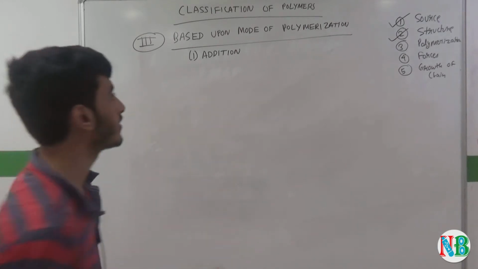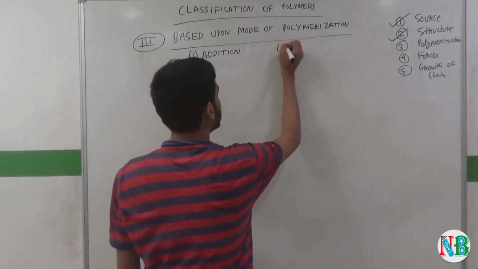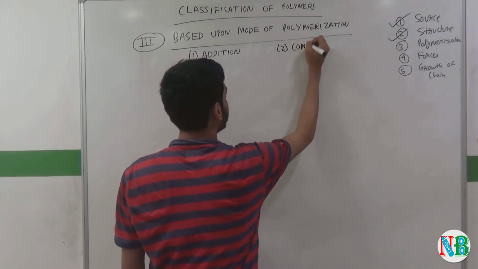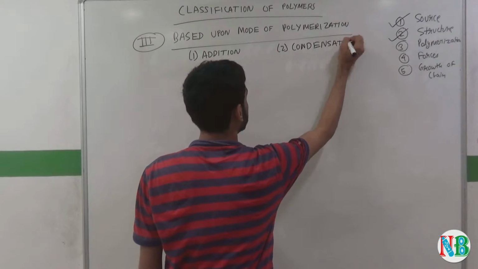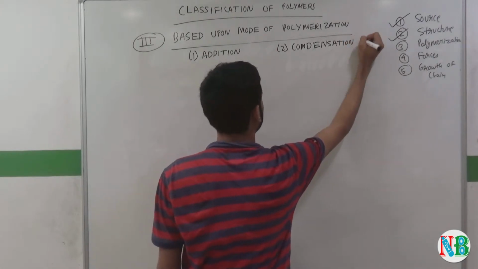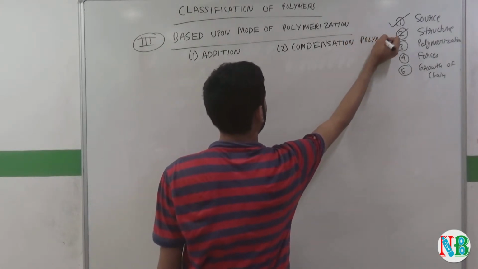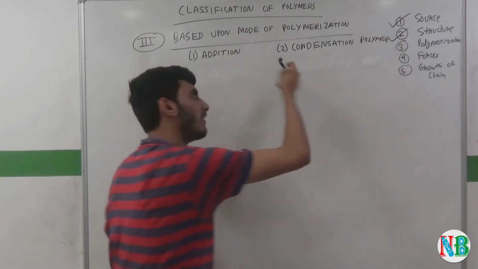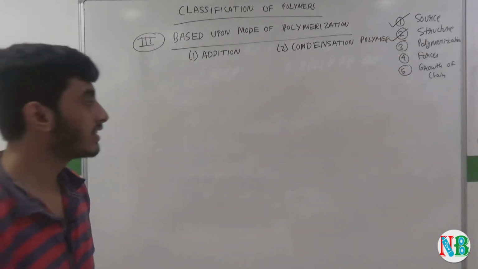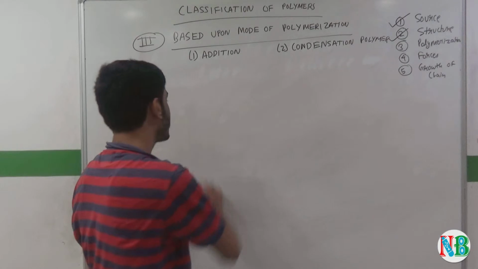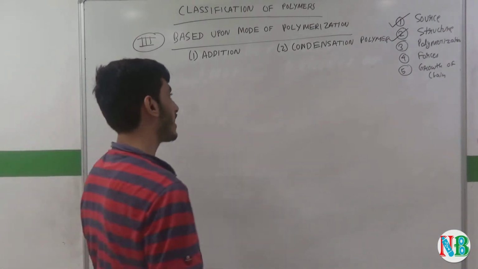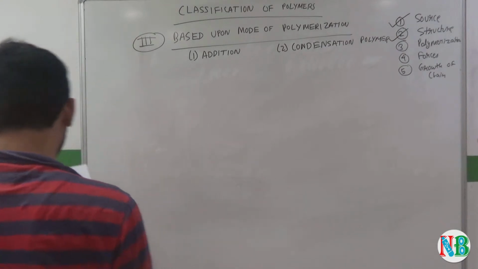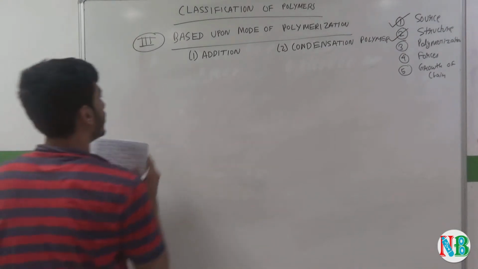And the second type is condensation polymers. In the second type, as we have already seen, the smaller parts are added with the removal of H2O or alcohol or some other kind of unit.